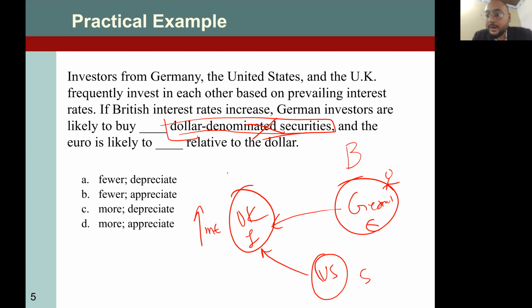So fewer will invest in dollar denominated securities. So it's going to be either A or B. But what happened to the euro? Will the euro appreciate or depreciate? We discussed in the factors that influence foreign exchange that the country which has the highest interest rate, its currency is going to appreciate. So the pound is going to appreciate, and naturally the euro is going to depreciate.